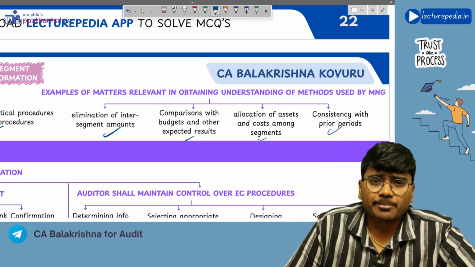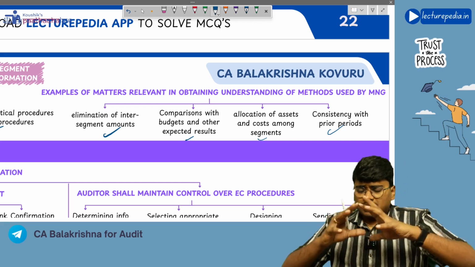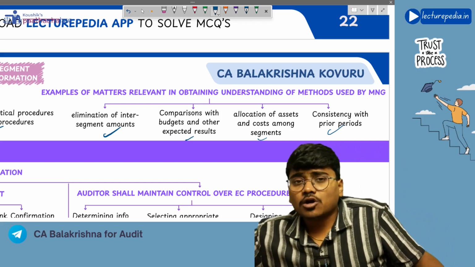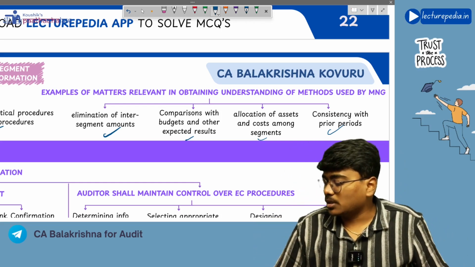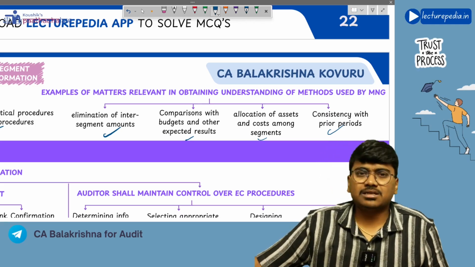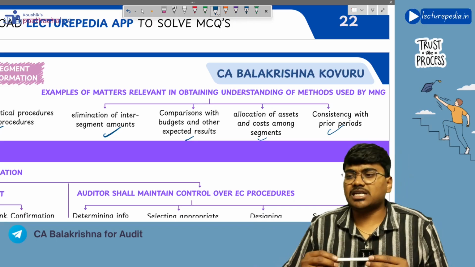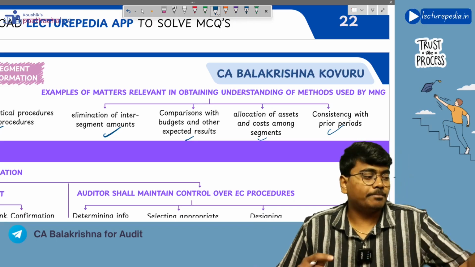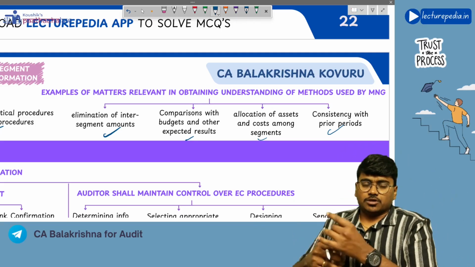And consistency with the prior periods. So the same method you need to follow for all the periods with respect to allocation. Got it? Yes. So these are the procedures that you will perform with respect to segment information, right?